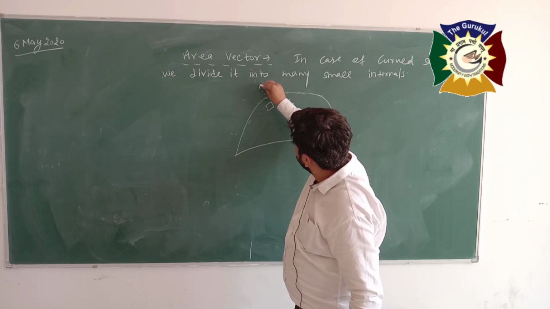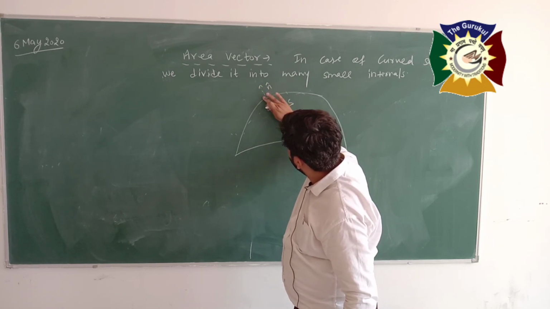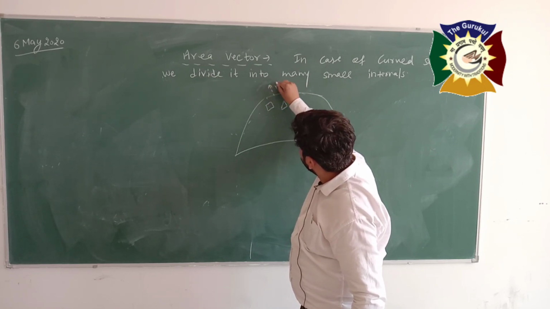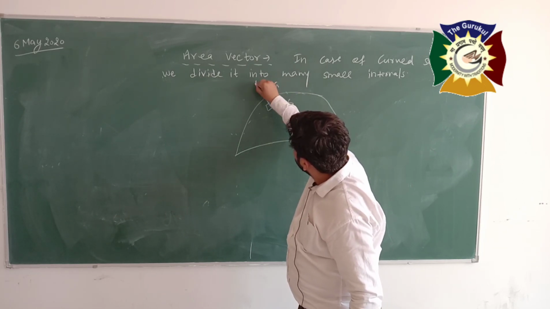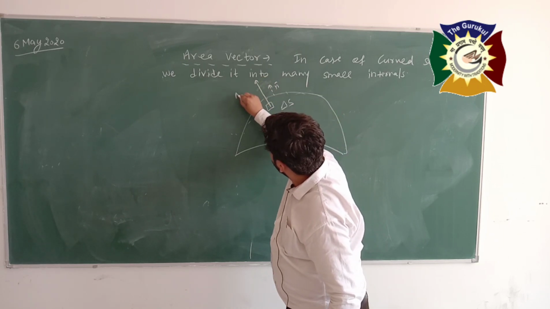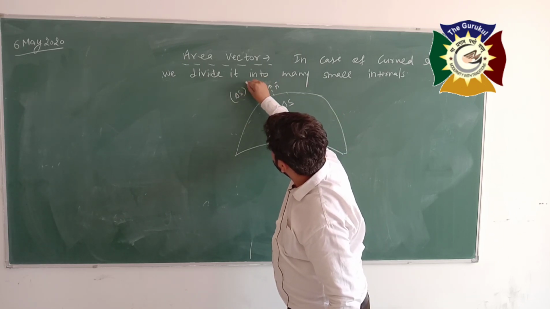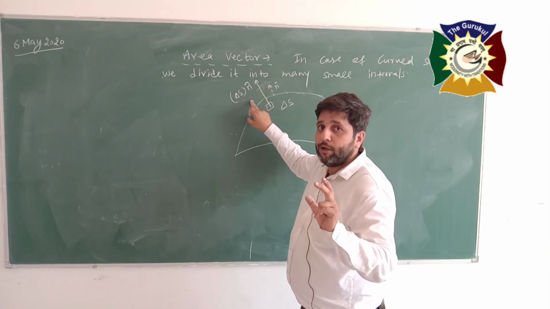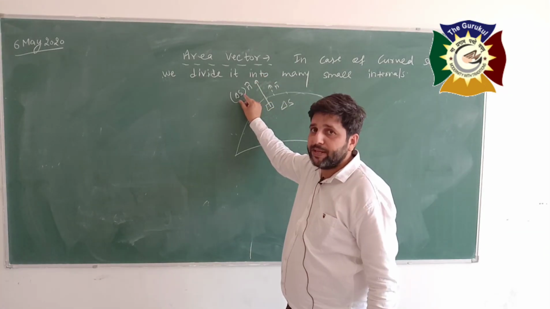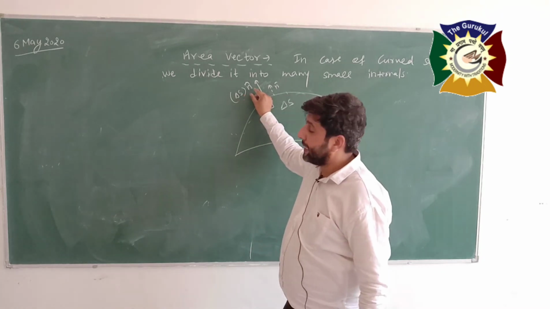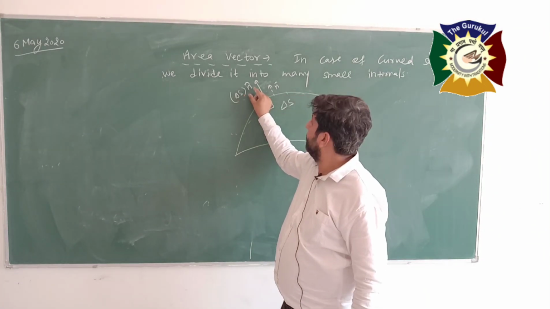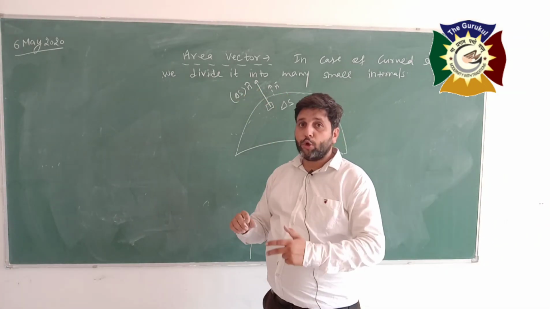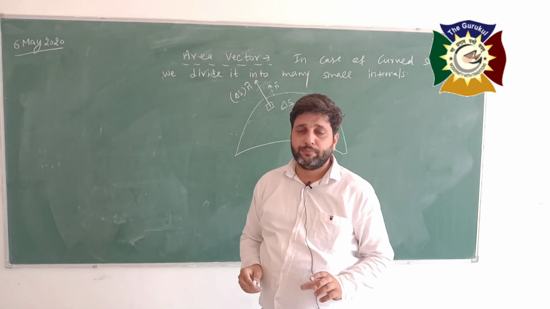Then the area vector will be, listen, the unit vector perpendicular to this small surface is n cap. Then the area vector will be, tell me, delta S n cap. This is the small area vector. Why am I saying small? Because delta S is very small, and n cap is the unit vector normal to the small surface.